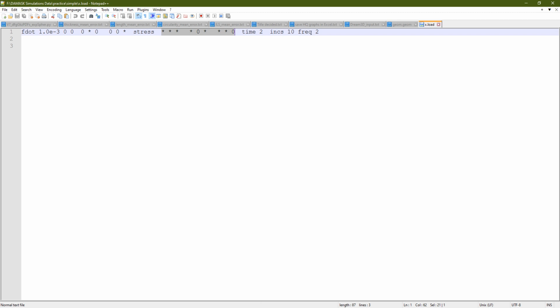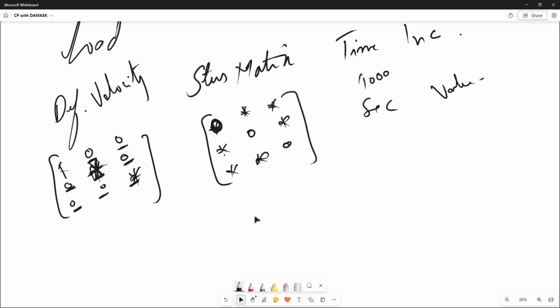Okay, so this is understood. So there was also a static here. We also want to calculate stress here, right? Now, about increments.